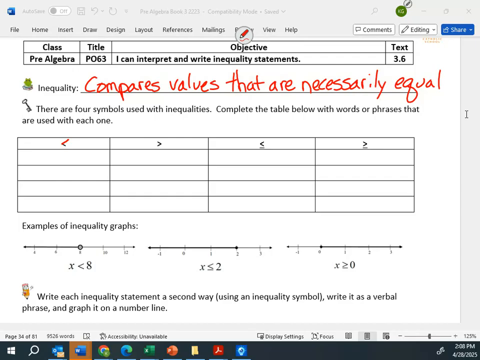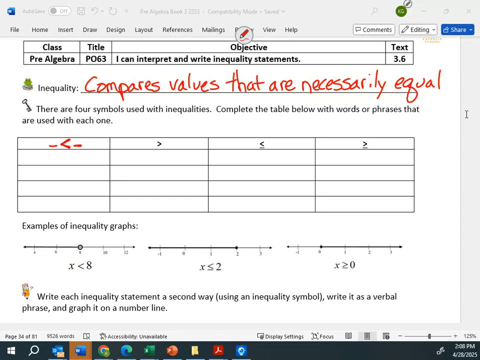So when we see this symbol like this, we are comparing the left to the right. We always read from left to right. So we say the left side is less than the right side. And we know it's less than, we see that little crocodile wants to eat up the bigger number, so that bigger number is always going to be at the bigger side of the symbol.